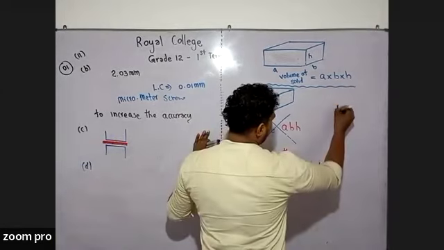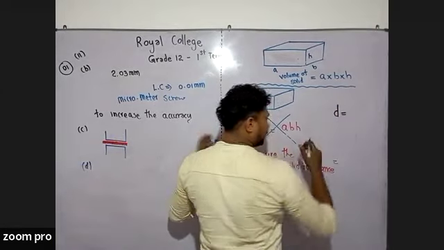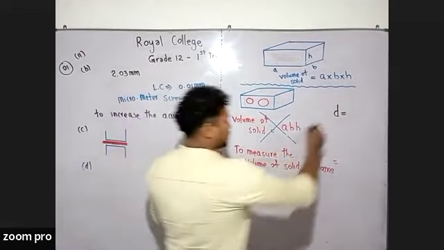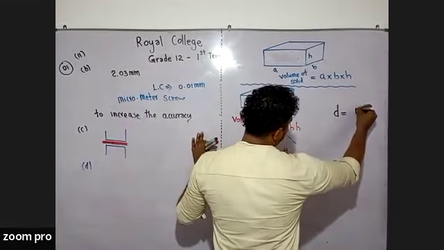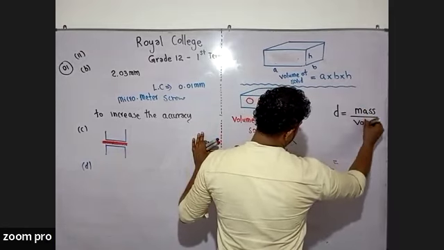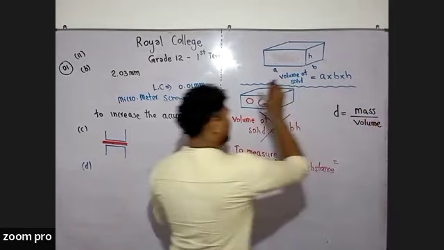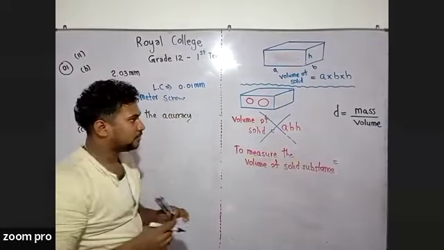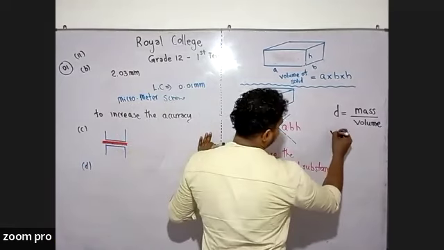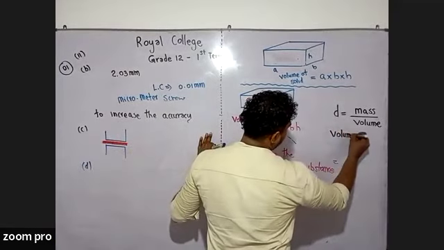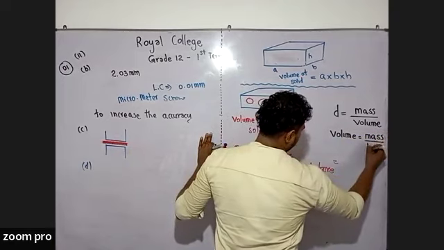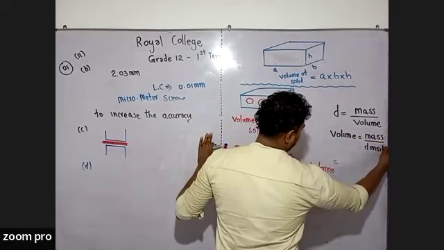You already know there's a relationship between density, mass and volume. The density can be written as mass over volume, and in this kind of instance we can use this equation to obtain the volume. So the volume can be expressed as mass over density.